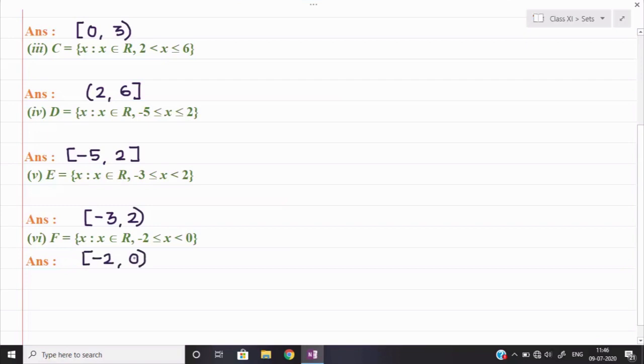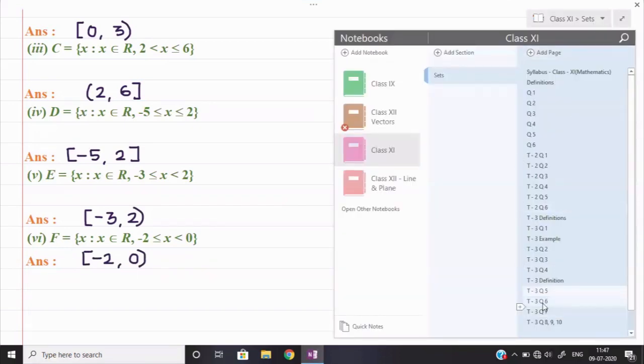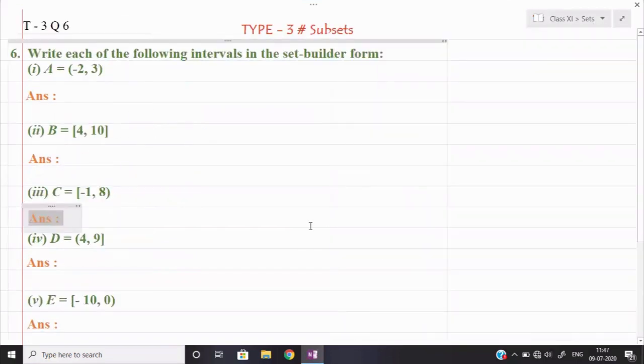That much only you need to mention in the answer, because they are saying to express the answer in the form of an interval. Now let us see type number 3, sixth question, just the opposite of the question we have covered. Now they are giving the question in the form of an interval and we need to write it in set builder form. So see how we can write it.